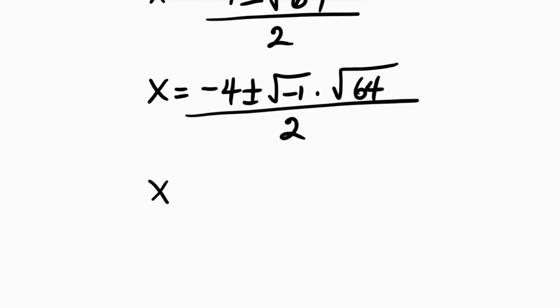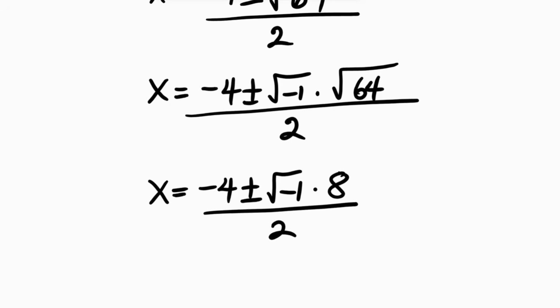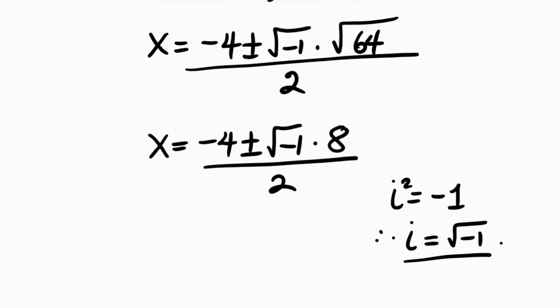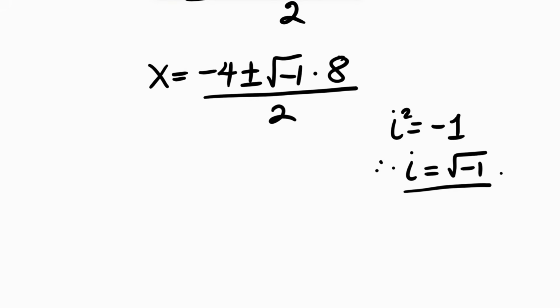Okay, so x now is equal to minus 4 plus or minus root of minus 1, square root of 64 is 8, divided by 2. We know that i squared is equal to minus 1. So i is equal to the root of minus 1. So we'll represent root of minus 1 with the variable i.